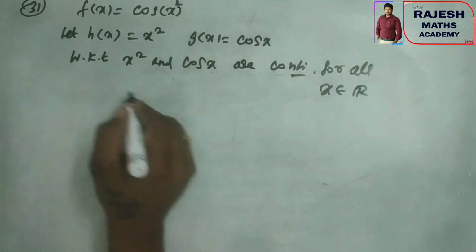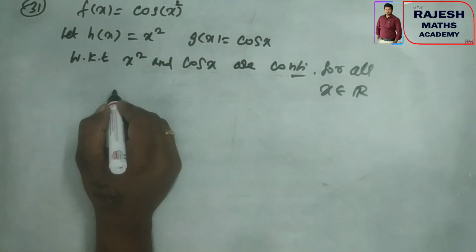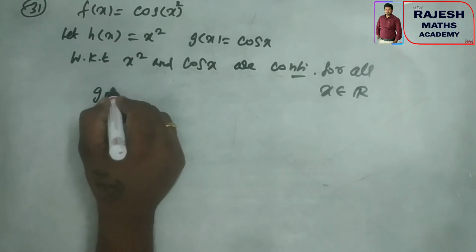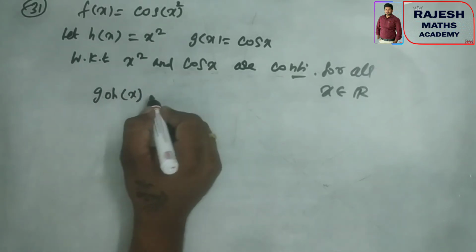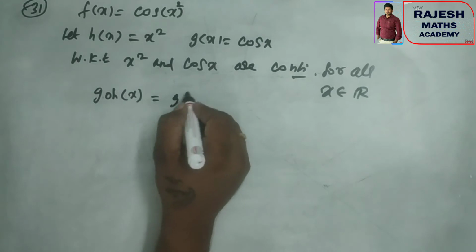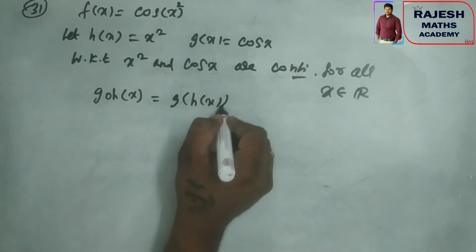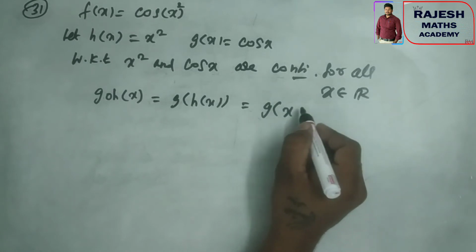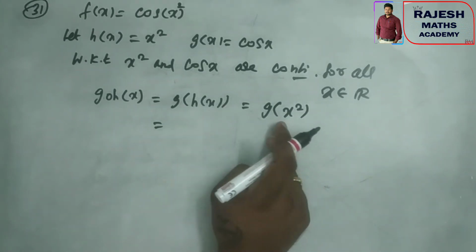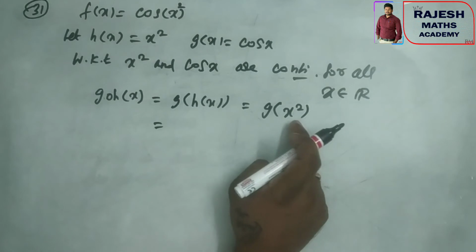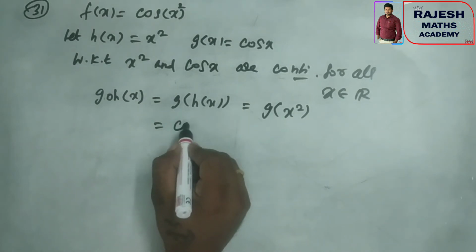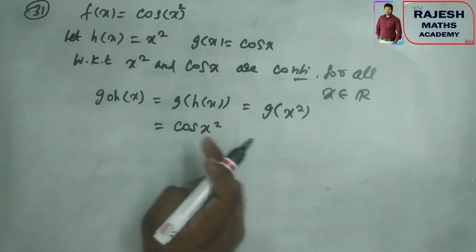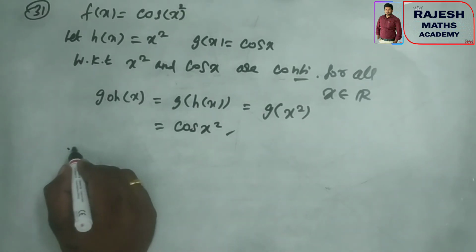Now I'm going to use the concept of composition of two functions. What is g composition h now? g composition h of x equals g of h of x, and h of x is x square. Replacing x in g of x with x square, we get cos of x square.